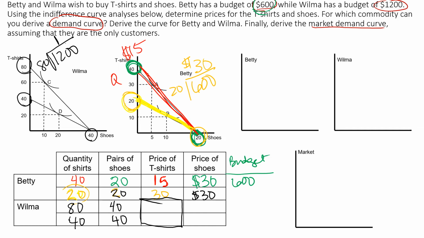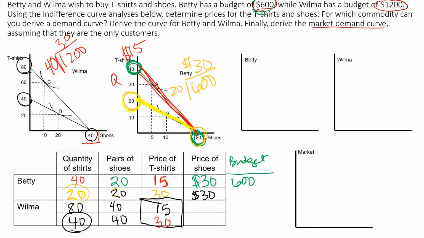And we are going to get $15, and the price of the shirt when she buys 40, we're going to do 1,200 divided by 40, get 30 for that.